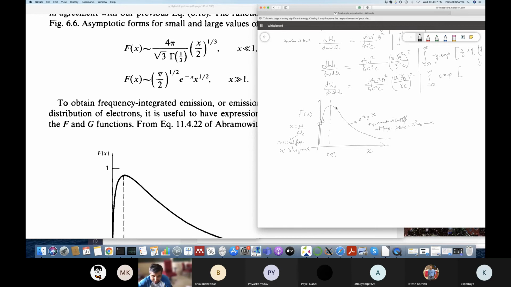So there is a characteristic frequency basically, and that's why you can say nu of the radiation that you observe is approximately gamma cube nu_B sine alpha.